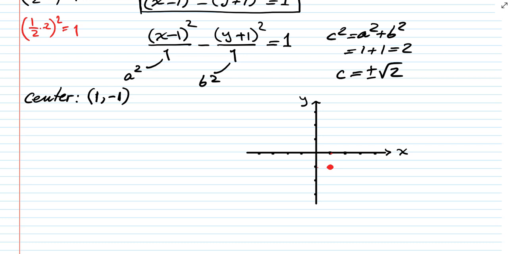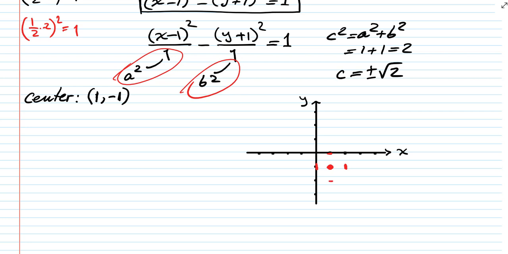Okay, and then to graph it, we go square root of 1, the denominator of x. Remember, with x, you go to the right and left. So I'm going to go right one, left one. The square root of b squared goes with y. So I'm going to go up one, down one. Here's up one and down one.